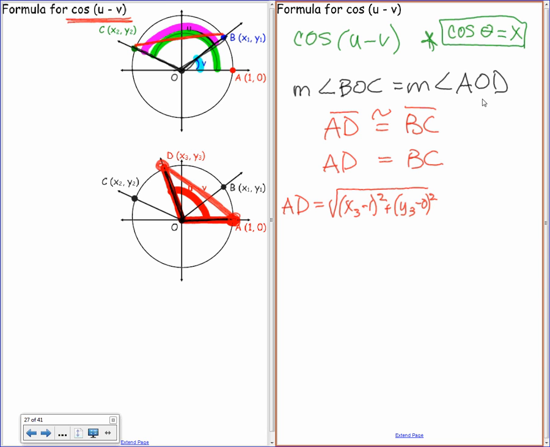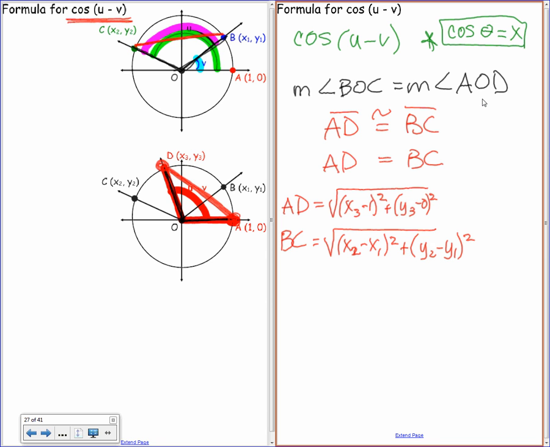That's how long AD is. Well, how long is BC? BC in that top area is going to be the square root of x2 minus x1 squared added to y2 minus y1 quantity squared.